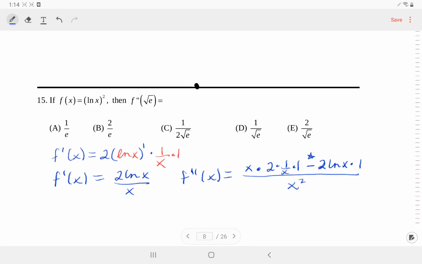I'm not sure if you learn this way, but sometimes at Walnut we go low d high, I think it's called, and then minus high d low over low low.